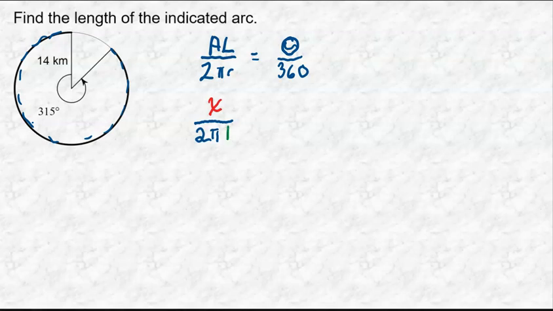The radius is 14, so I'm plugging that into the equation. And my reference angle is 315, where squiggly circle goes. A couple of my students asked me to use a lot of colors, so there we are. We have a lot of colors.